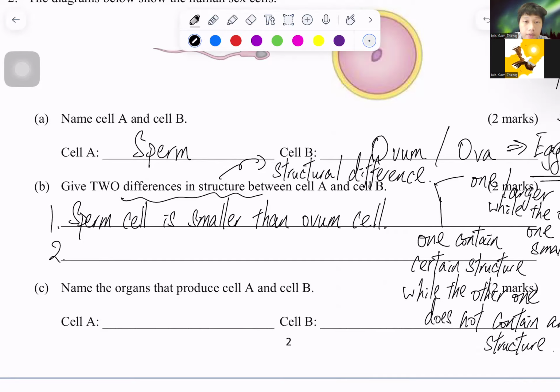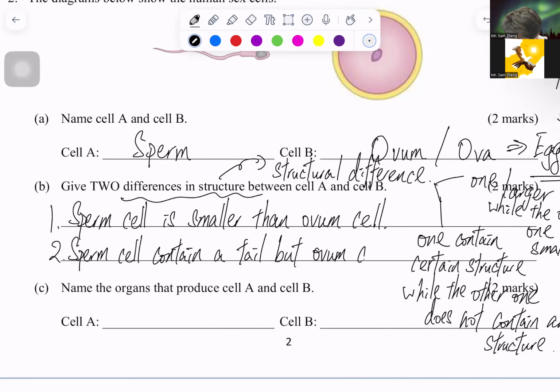The second possibility is that the sperm cell contains a tail, but the ovum cell does not contain a tail.